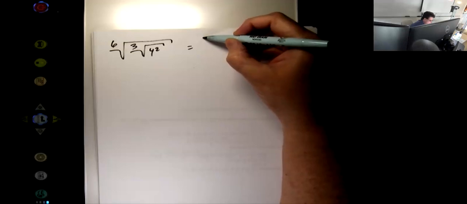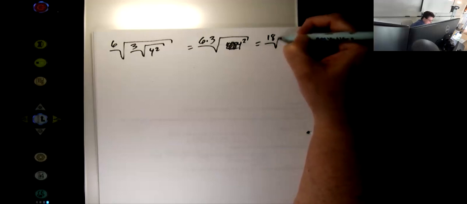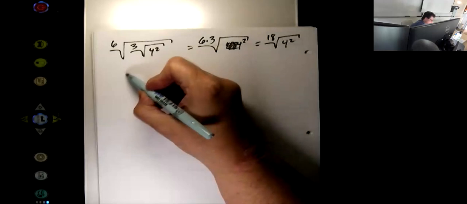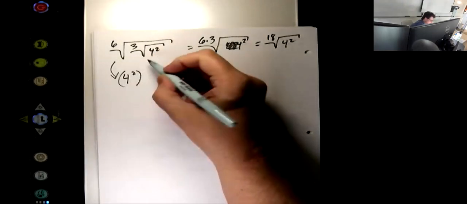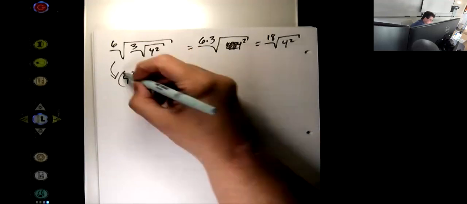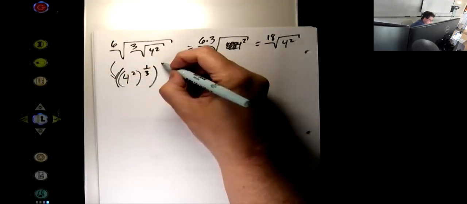It's harder than hell to remember that this is 6 times 3 with the 4 squared, which would be 18 with the 4 squared. This is much easier to write as 4 squared. The cube root is 1/3. The 6th root is 1/6.